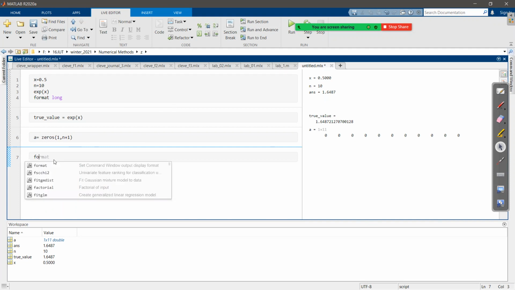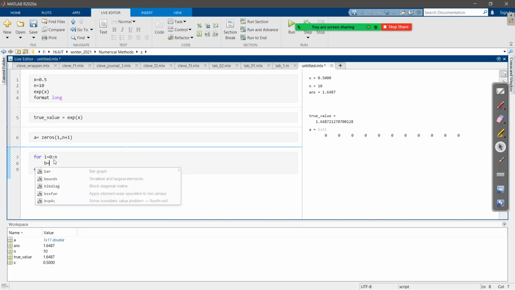Now what I can do: for i equals 0 to 10, I take one step at a time. Since I'm taking one step at a time, I don't actually have to write 1, that is the default, up to n. What is my calculated value?